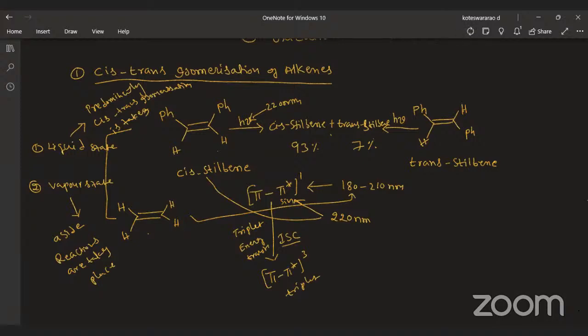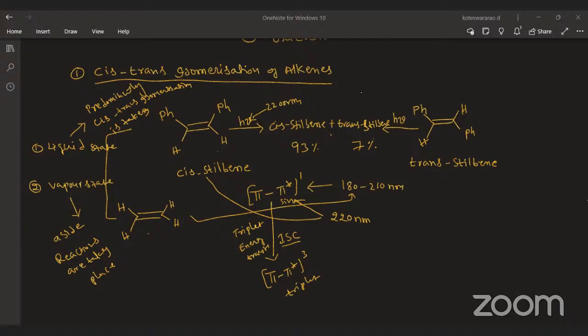When you conduct the reaction in the liquid state, you get the cis-trans isomerization reaction. If you conduct it in the vapor state, it leads to side reactions that decrease the percentage of cis-trans isomerization products.